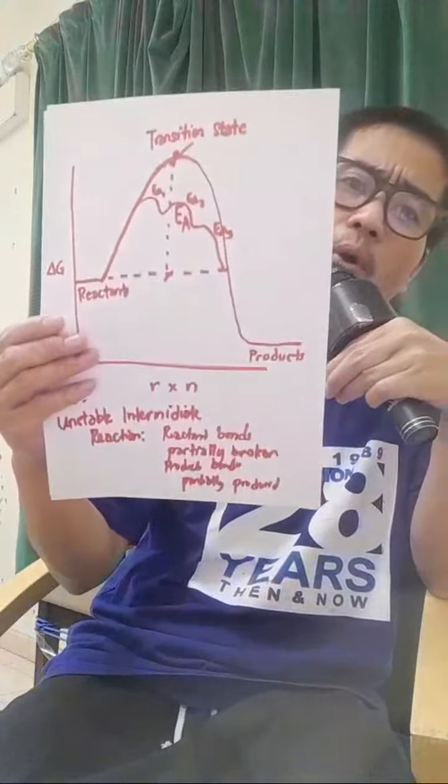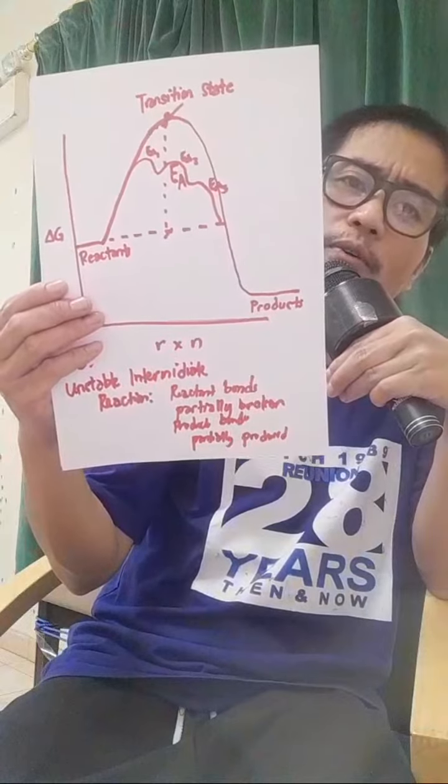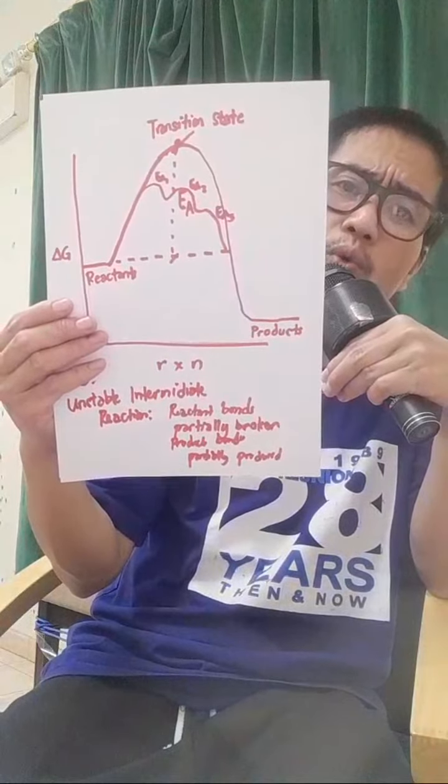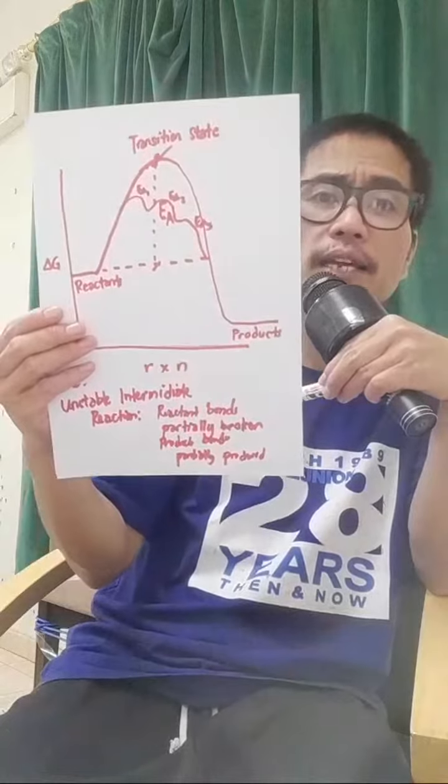So I summarize now in my note that it's going to be like this: an unstable intermediate composed of reactant bonds that are partially broken and products that are partially produced before producing the final products. For example, A plus B equals the product AB. But somewhere along the way in between, a lot of chemical reactions will be happening there. We don't know.